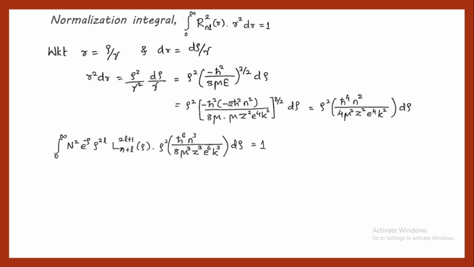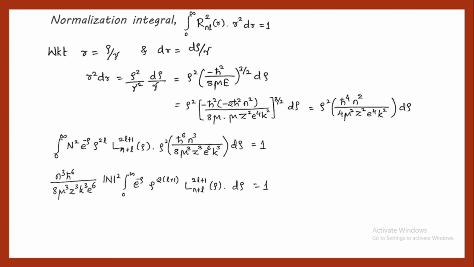That's why this simplification is done using the relation of r depending on rho, as r is equal to rho by gamma. So when you simplify, constant terms are taken outside, and again the integral term, that is the integration from 0 to infinity of exponential of minus rho into rho raised to 2l plus 1 into L of rho into d rho is equal to 1.